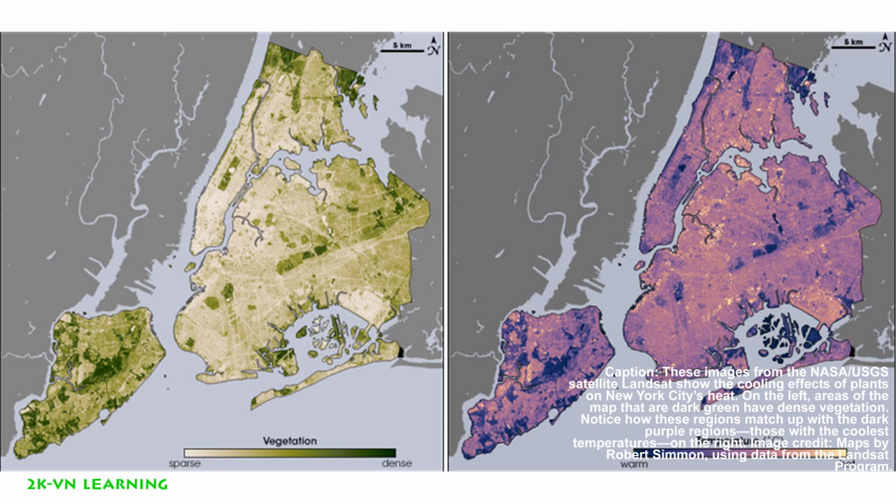But there are things that we can do to help cool the cities down, and NASA satellites can help to figure out where these cities are the hottest. Earth-observing satellites such as Landsat and Suomi NPP can keep a close eye on Earth's vegetation and surface temperature.